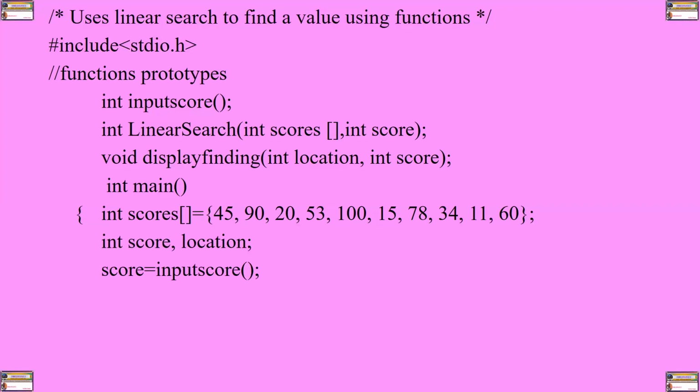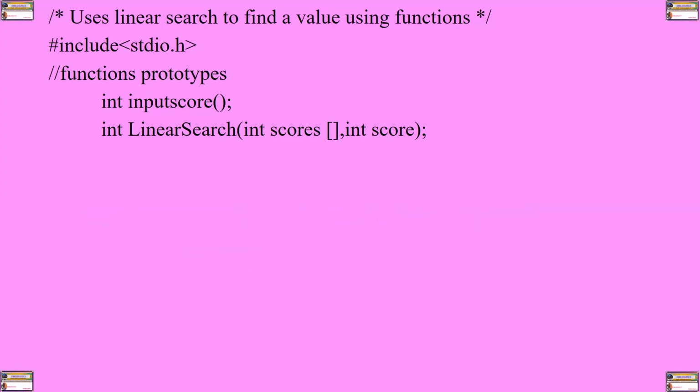And once that value is returned to the main function, it should be assigned or stored in the memory location called score. Therefore, once this statement, input score, is invoked, the processor will go and look for the function called input score under the function prototypes.